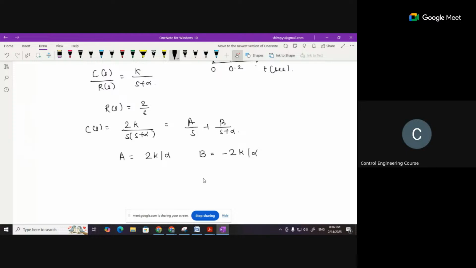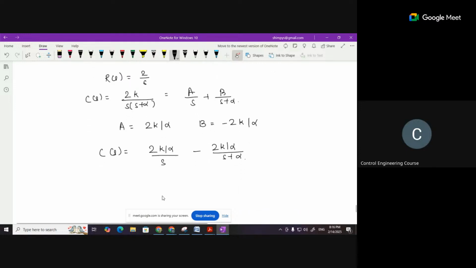Did you solve it like this? You were getting up till here? Okay. So this is 2K by alpha by s minus 2K by alpha by (s plus alpha).